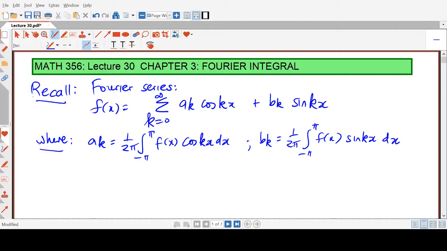But if you want to make the period any number, like 2L, or 10 units, or 50 units, or whatever, then you have to modify that. Instead of minus pi to plus pi, you get minus L to plus L, and then you have k pi x over L in the place of kx, k pi x over L. I hope that rings a bell and it comes back to you.